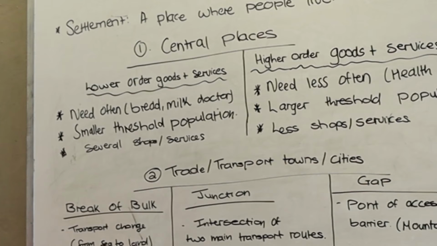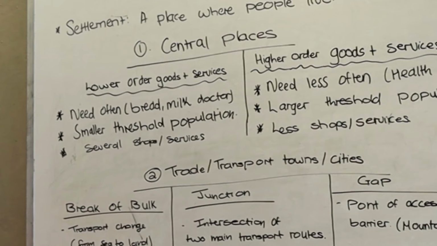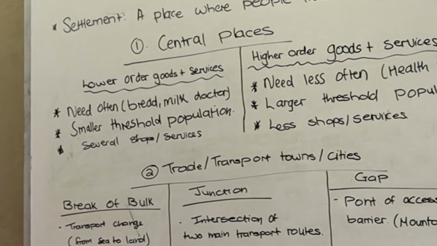Okay, so now we'll be looking at central places. We'll be looking at central places, trade, transport, towns and cities. We'll be looking at specialized towns and cities. So, number one, central places. There's lower order goods and services and higher order goods and services.